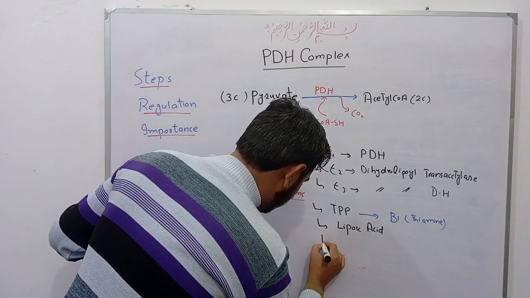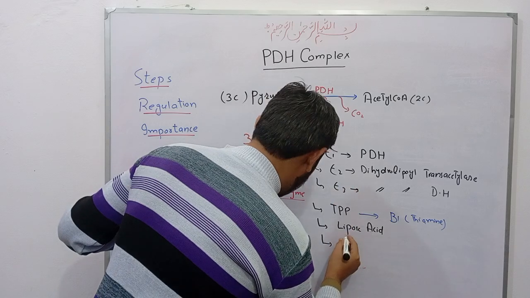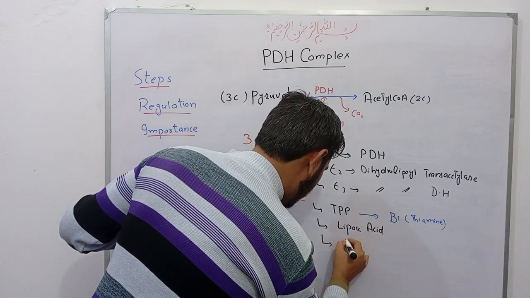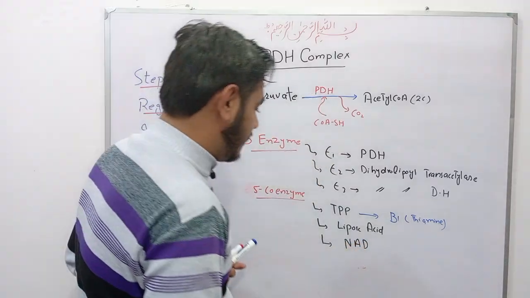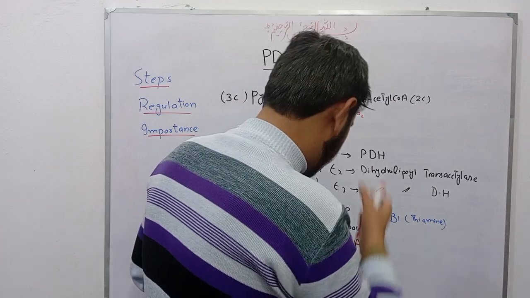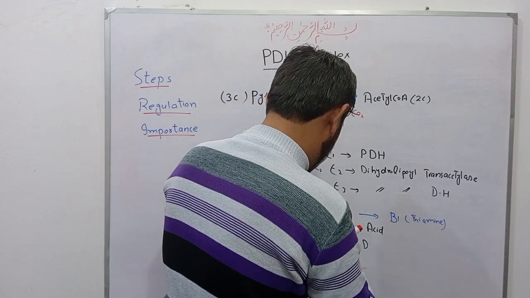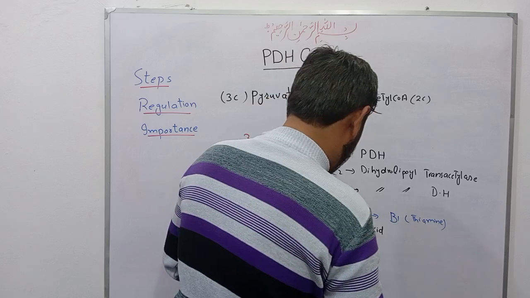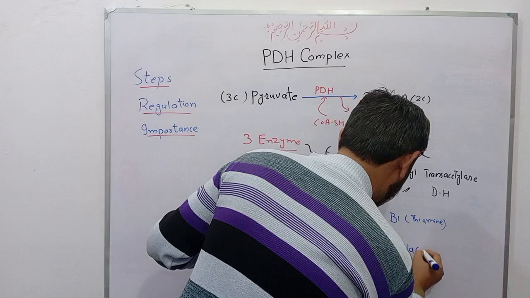The third coenzyme is nicotinamide adenine dinucleotide, which is derived from niacin vitamin.